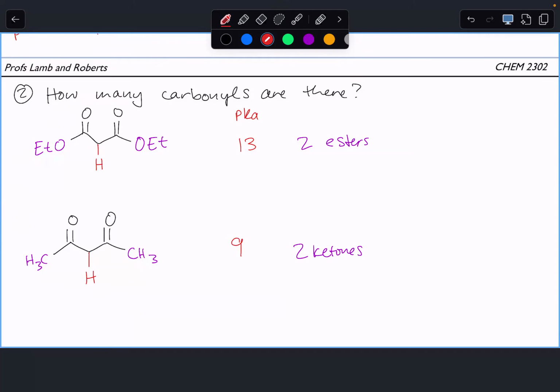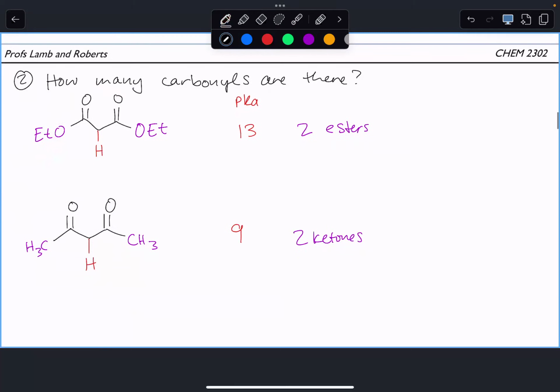So these are compounding effects, right? So you have to take both into account. How many carbonyls are there? That's the biggest effect, actually. And then what are the carbonyls? Are they aldehydes? Are they ketones? Are they esters? You have to take both of those things into account. So these types of compounds are known as beta dicarbonyl derivatives.